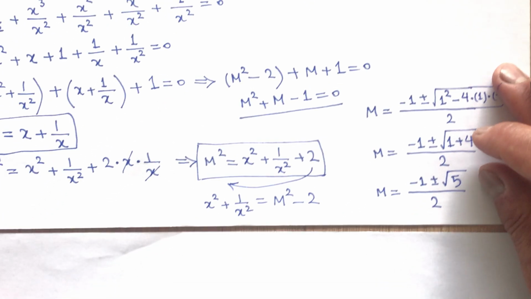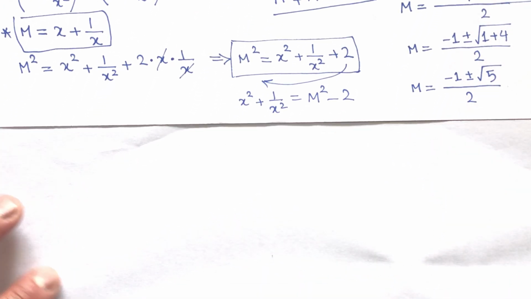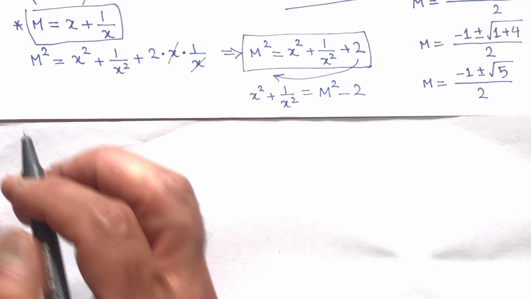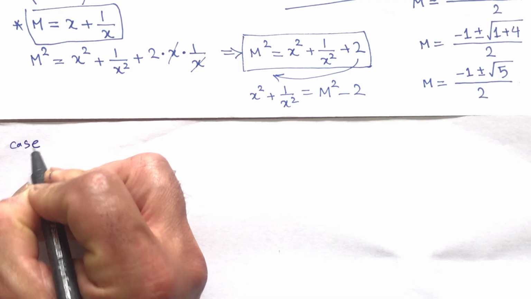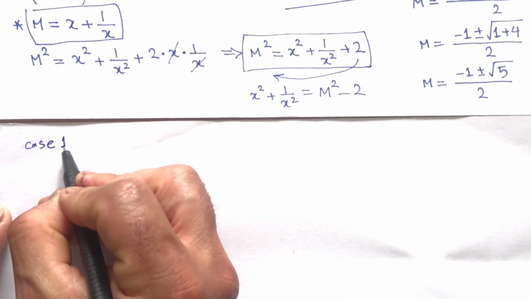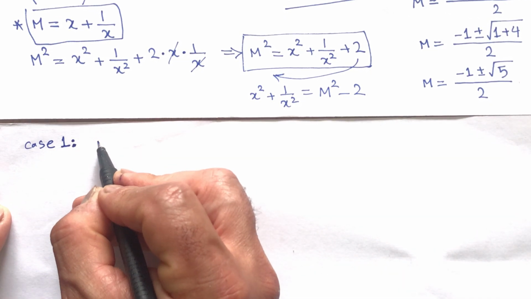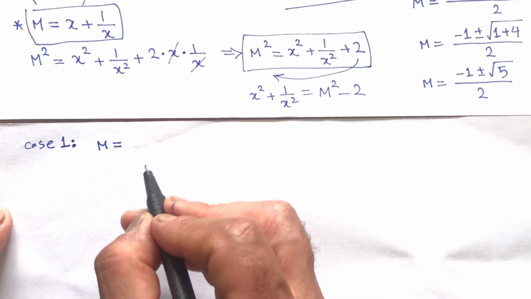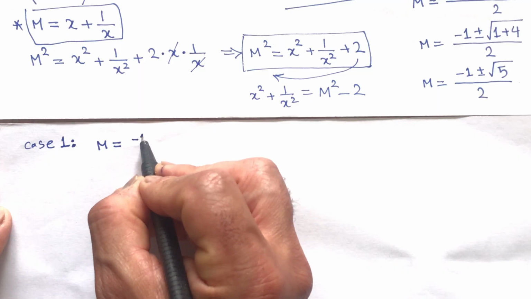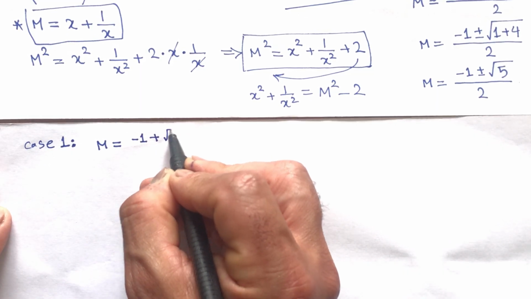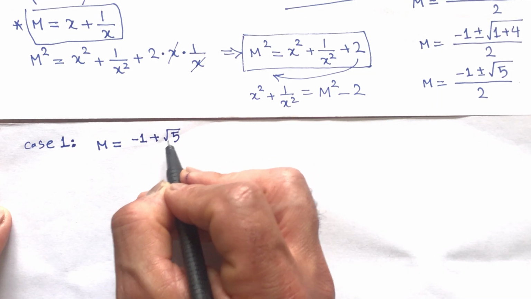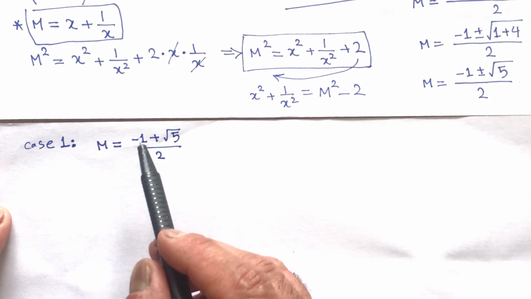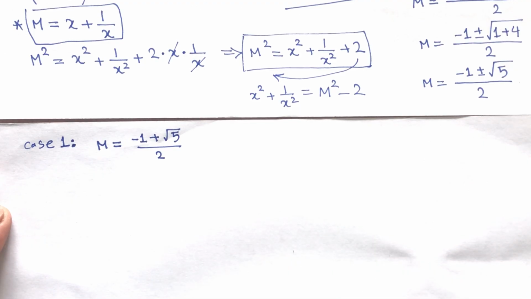I can write it in the new paper, and I can start case 1. Case 1 is when m equals to minus 1 plus square root of 5 over 2, and the other one is minus 1 minus square root of 5 over 2.